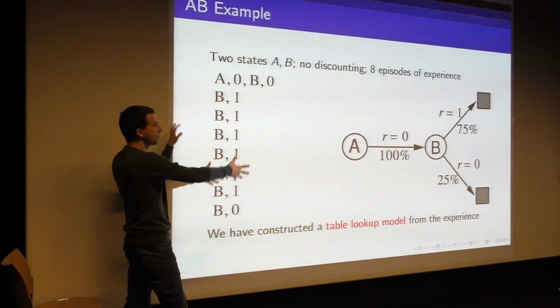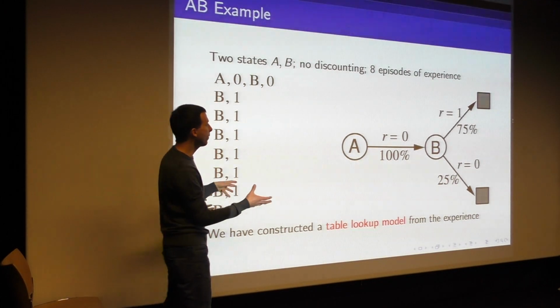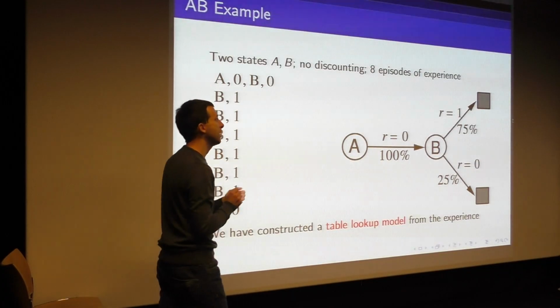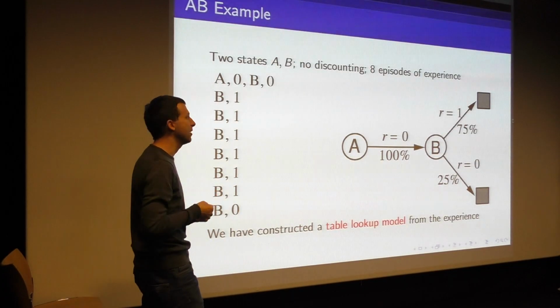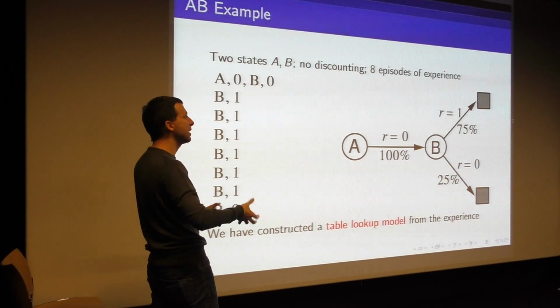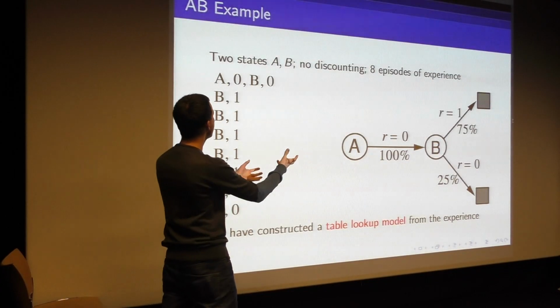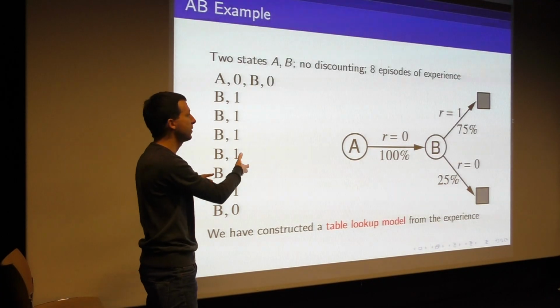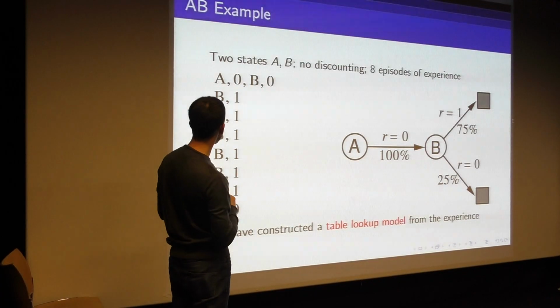So we can take this experience and, as we did before, build a model from it. This is what TD was kind of doing implicitly. Now we're making that explicit. We're explicitly building the table lookup model that corresponds to these counts and rewards that we've seen. All we need to do is count.